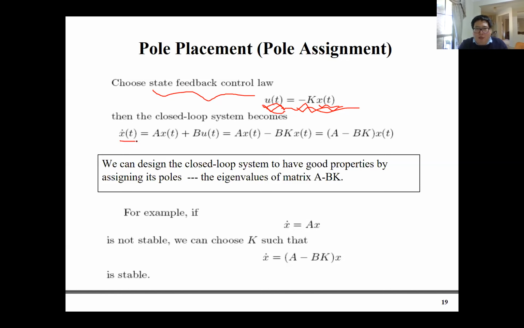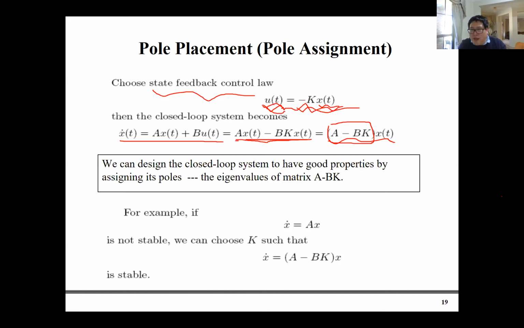Then the original problem x dot is equal to Ax plus Bu will be changed into Ax minus BKx, right? Then we can write it into this. When we use the state feedback control, the original problem is changed into x dot equal to (A minus BK)x, right? And as you can see, this is your new A matrix. Is that right?